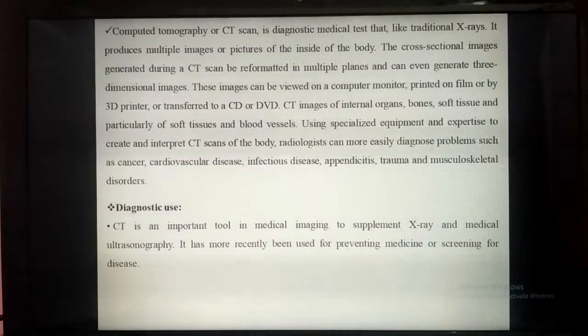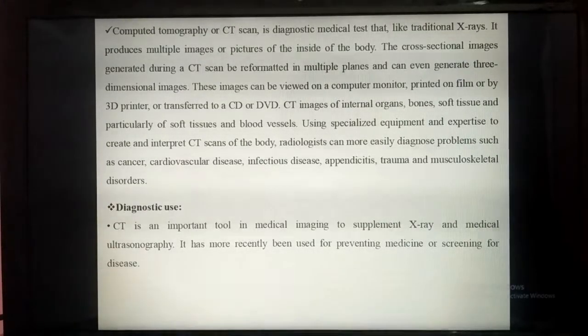The diagnostic use of CT scan: CT, computer tomography, is an important tool in medical imaging to supplement X-ray and medical ultrasonography. It has more recently been used for preventive medicine or screening for diseases.